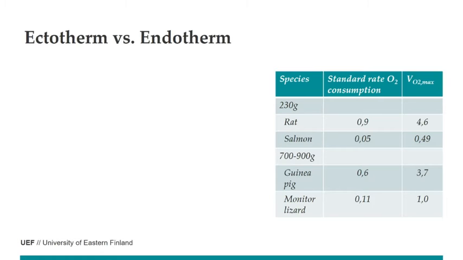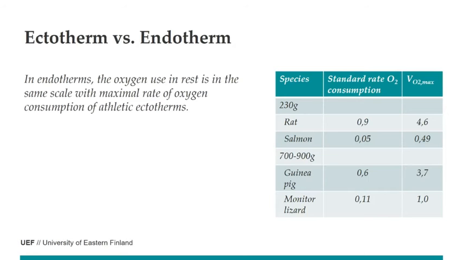And in guinea pig and lizard, again, about 10 times more. And even when these athletic ectotherms are using oxygen as fast as they can, they are on the same scale as endotherms at rest.